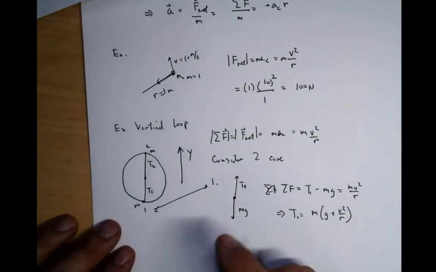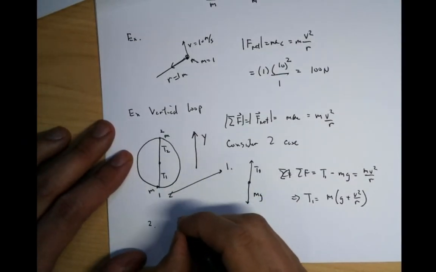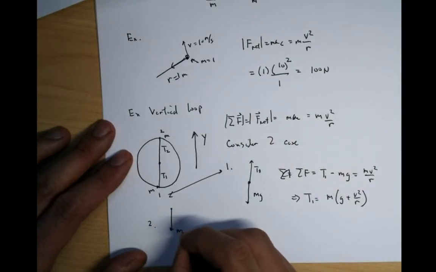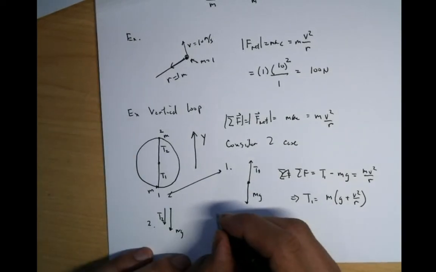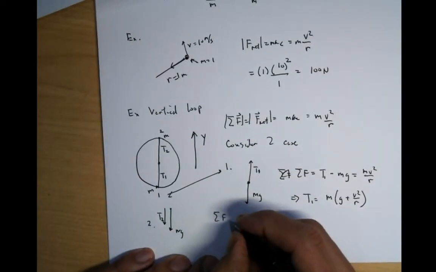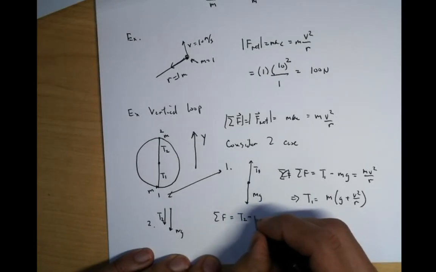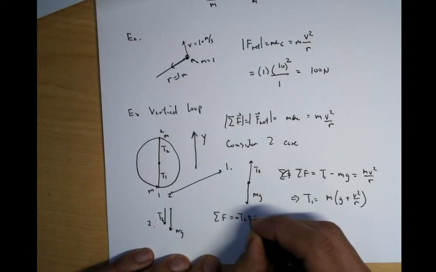Now let's consider case 2, which is at the top. In that case, you have the force of gravity, mg, and also the tension force, T2. The sum of the forces is equal to T2 plus mg. Well, actually, both are minus signs.